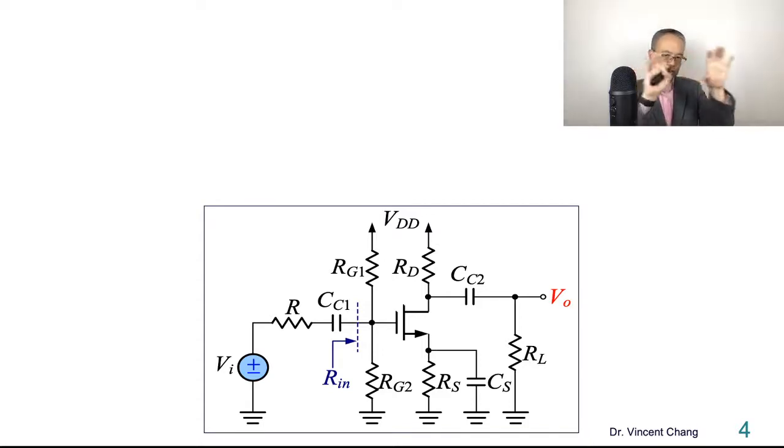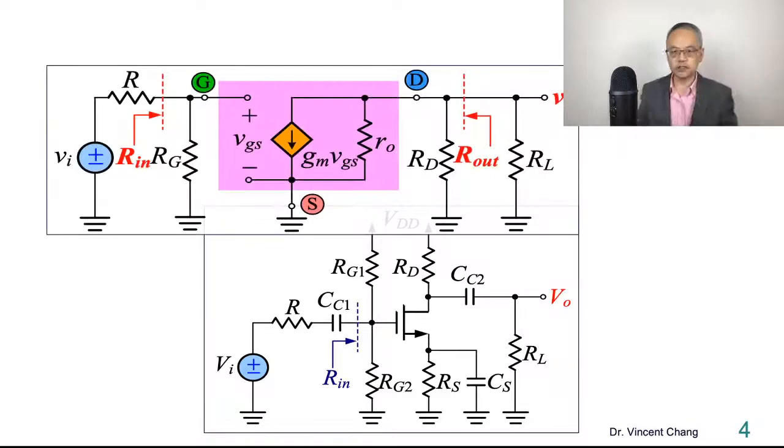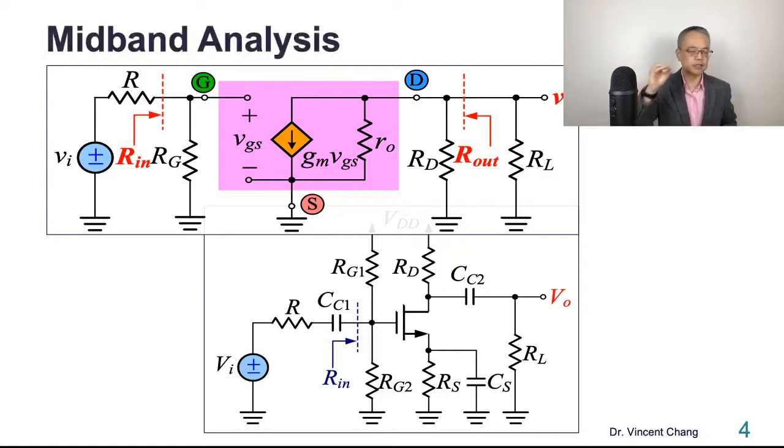The second term is the voltage divider between R and Rin. If you struggle with the analysis by inspection, maybe you still need to depend on this equivalent circuit. This is the equivalent circuit in the median frequency band, so it's called mid-band analysis.